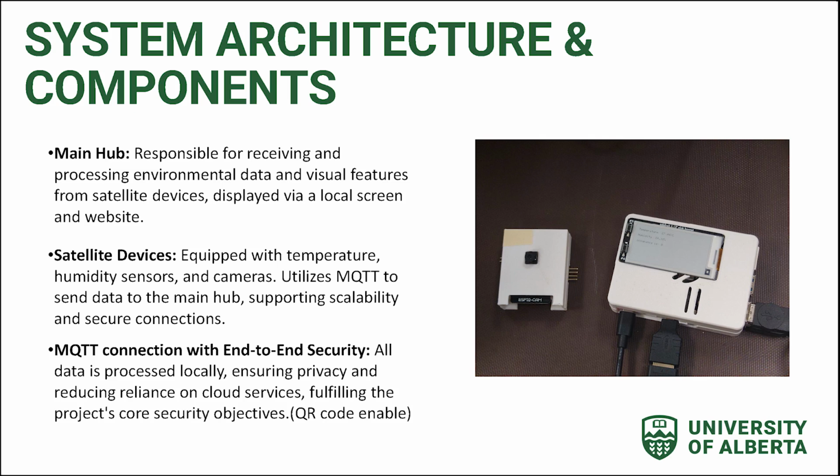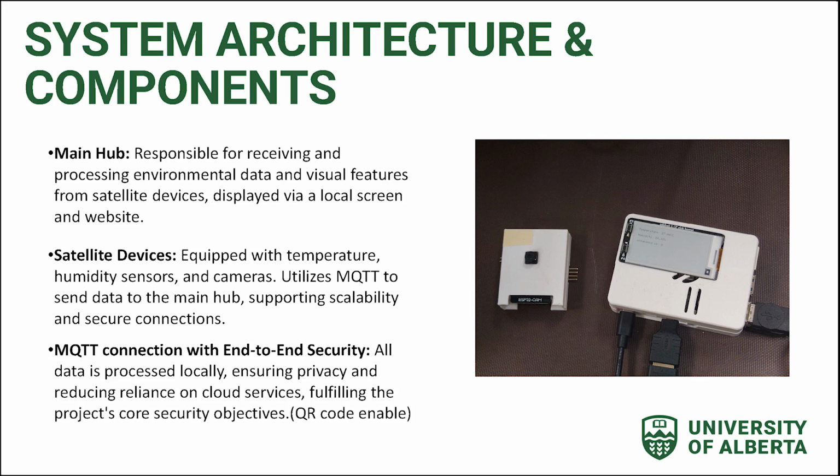And the left side is our satellite devices, which are equipped with the temperature and humidity sensor, and the cameras. For the connection between the main hub and satellite devices, we utilize the MQTT protocol to send the data to the main hub, which also supports scalability and secure connection.